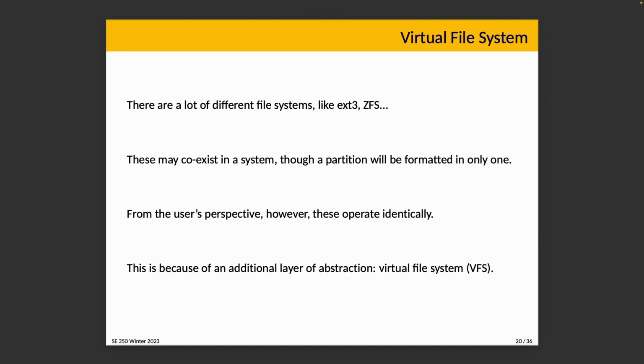Now, there are a lot of different file systems out there, as I've mentioned, ext3, ZFS. We don't actually care about the details too much right now, but they can coexist in a system. You can have a disk that's formatted in one file system and another disk that's formatted in another one.